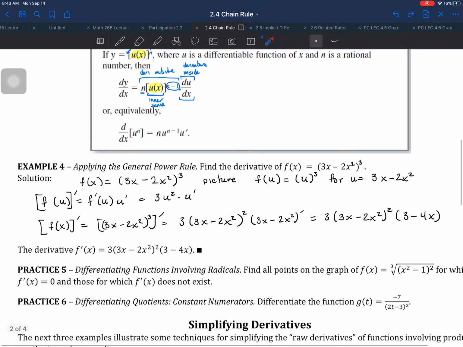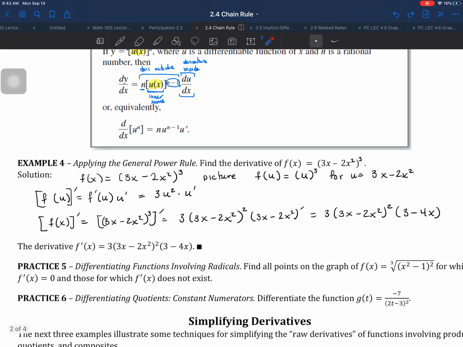So here's a few examples. Example 4, apply the general power rule. Find the derivative of f of x equals 3x minus 2x squared to the third. So first, recognize what's the inside and what's the outside. When I see this, one of the techniques I have from practicing this a thousand times is I recognize the inside function because it's usually inside parentheses.